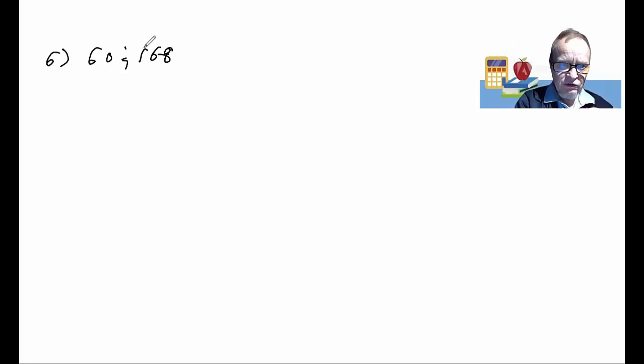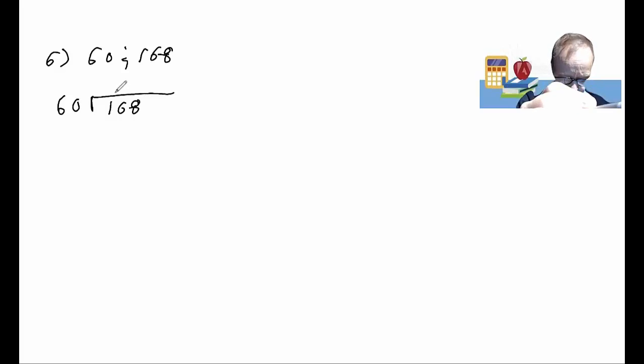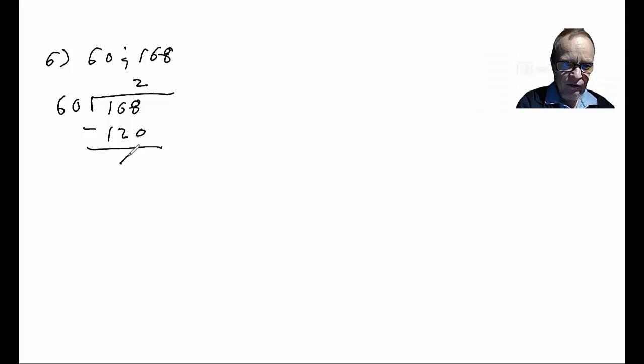So we're going to divide the smaller one into the bigger one. That means we're going to divide 60 into 168. And that goes in 2 times. So that's 120, and we're going to subtract that, and we end up with 48.